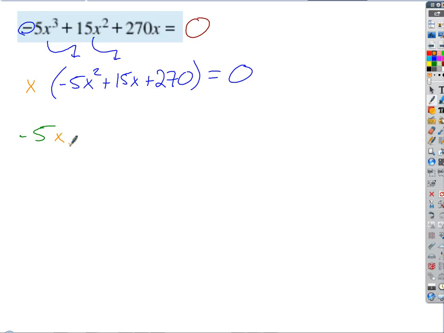And then what am I left with now? So now I'm going to take each of these and I've got to divide everything on this row by negative 5. So the first one's just going to be, okay, what's 15 divided by negative 5? Okay, so we're going to get a negative 3, then that had an x. And then positive 270 divided by negative 5.